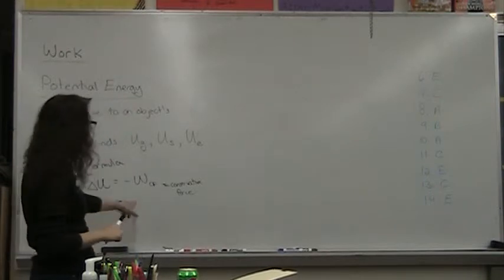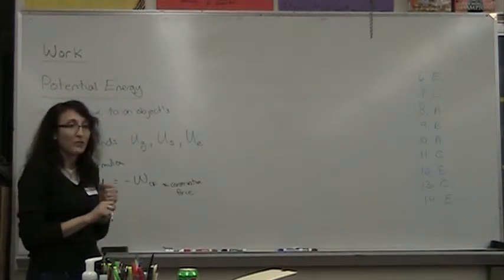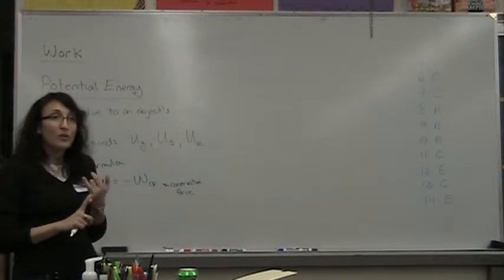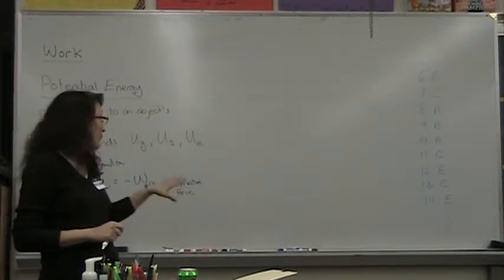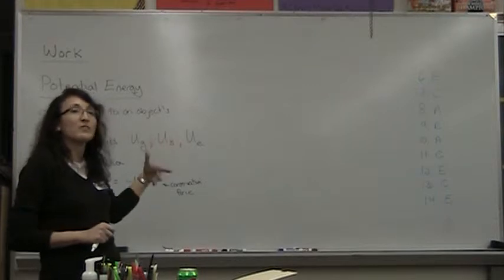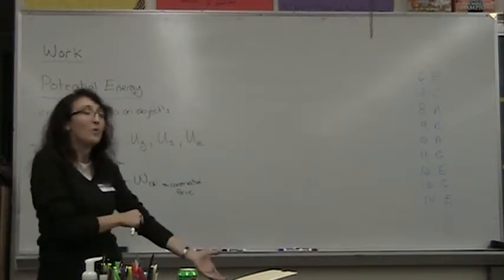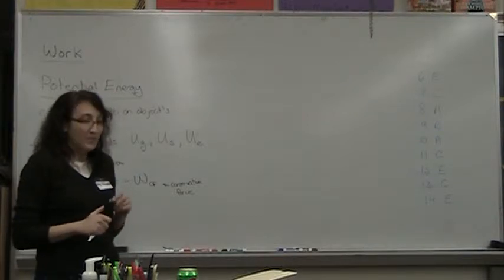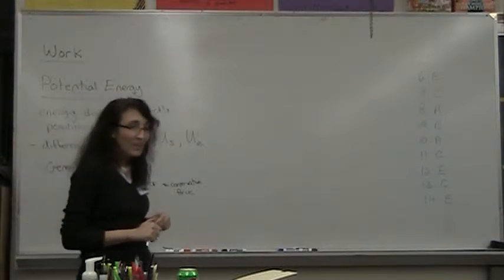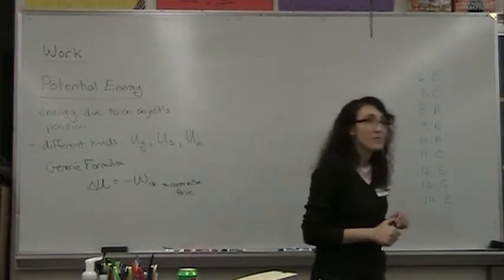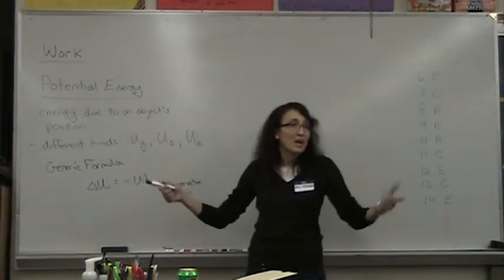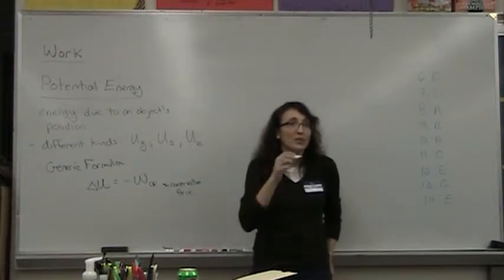What is negative work done by a conservative force? First of all, we have to talk about what a conservative force is, and then we can figure out where this all comes from, and you'll see why UG is mgh. This is the work done in changing the object's position from one place to another.